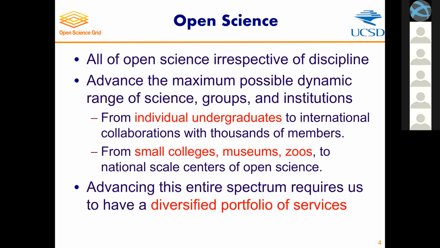In terms of institutions, it goes from small colleges, museums, zoos, to national scale centers of open science, meaning that national labs are as relevant here as the American Museum of Natural History. There are also a couple of different zoos that we work with. And we want to advance this entire spectrum.